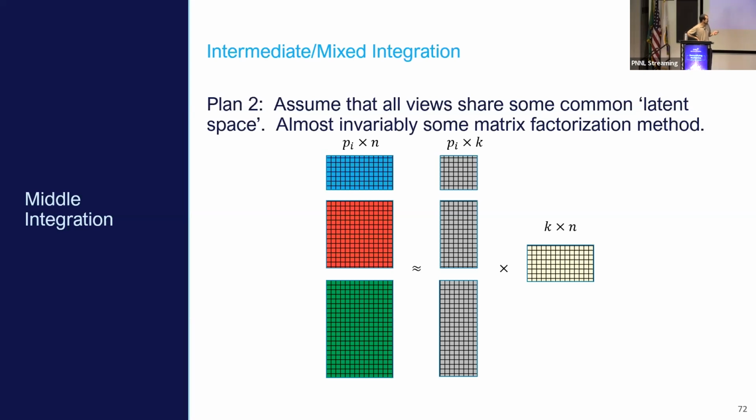You might have noticed I changed the sizes of the boxes here. That's intentional. We say, okay, we have these 3 data sets. What's really happening is they exist here in this latent space, and each of these data sets actually has this little weight matrix that is mapping from the latent space to what we actually observe in the data. So again, we have these 3.